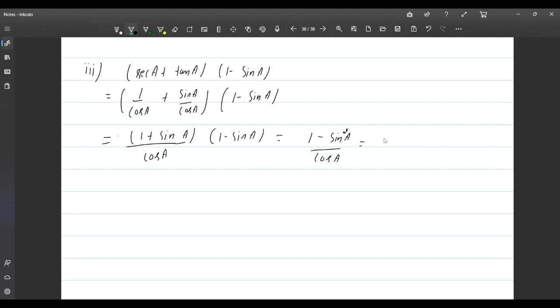And we have read the property sin square a plus cos square a is equal to 1. So 1 minus sin square a is equal to cos square a upon cos a. So this is equal to cos a.